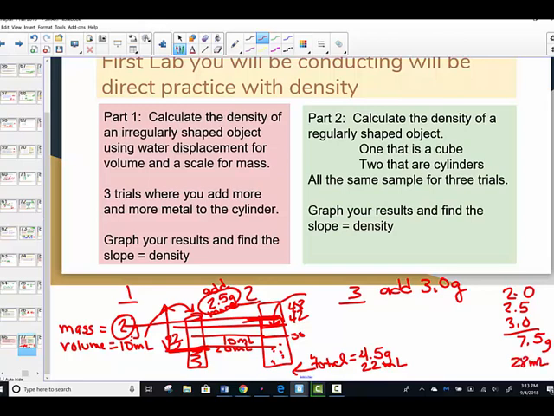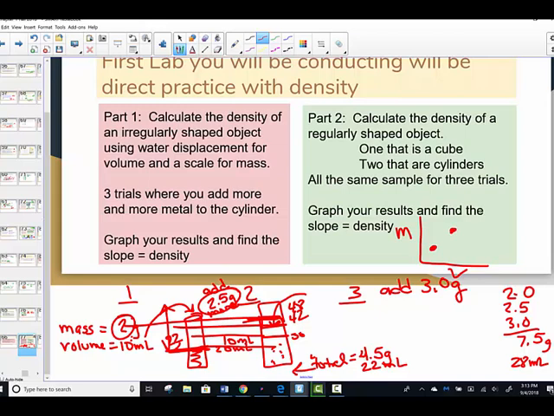So I want you to use the additive property to find trial 1, trial 2, trial 3. What you'll end up doing is plotting your mass over volume relationship. Trial 1, smallest mass, smallest volume. Trial 2, a little bit bigger mass and a bigger volume displacement.